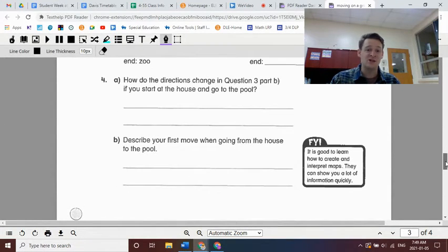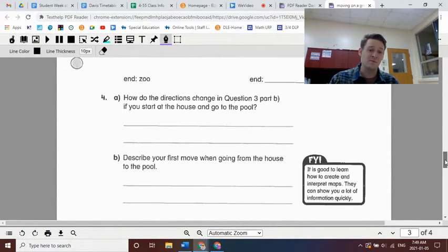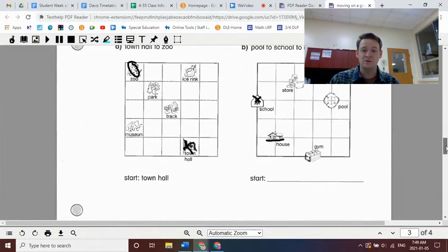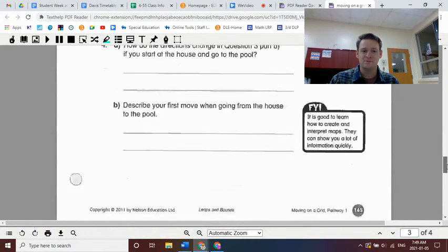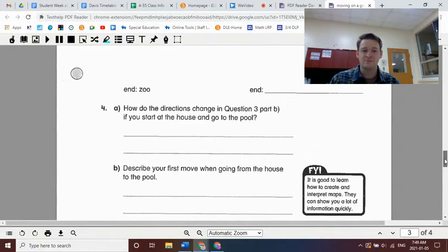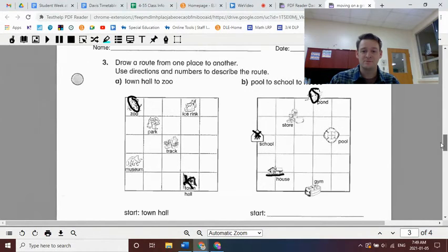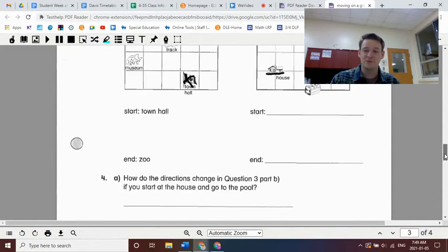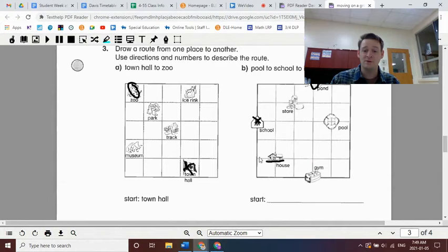How do the directions change in questions 3, part B, if you start at the house and go to the pool? Describe your first move when going from the house to the pool. So when you're going from the house to the pool, what would your first move be?